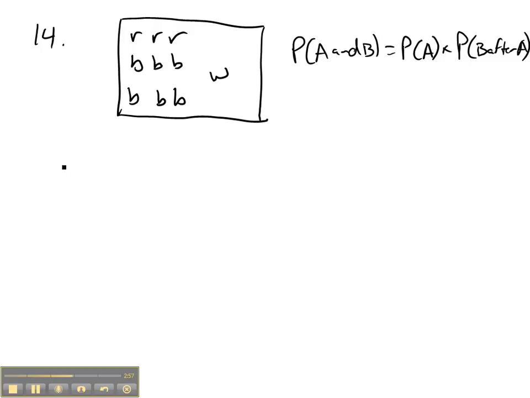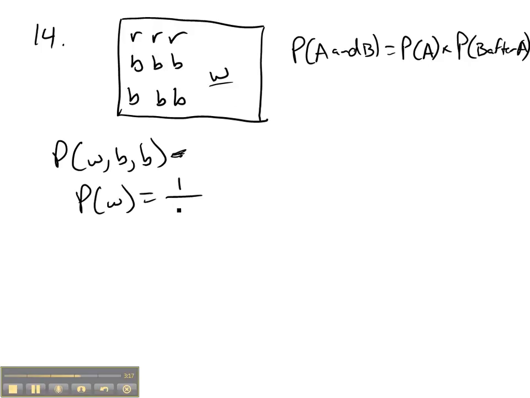So number 14 asks us the probability of pulling a white marble, and then a blue, and then a blue. So we have to figure out the probability of each one of these events. Probability of pulling a white marble, that's easy enough because we have 1 white marble out of 10 marbles total, so that's 1/10.